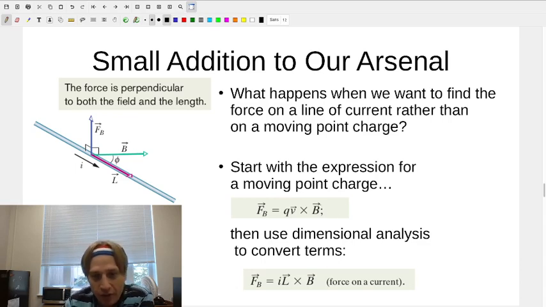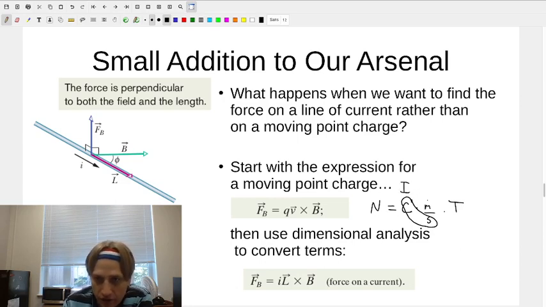And if we think about this, look at this. This is newtons equals coulombs times meters per second times Tesla, right? But if you look at it, this coulombs over seconds, that is basically a current.